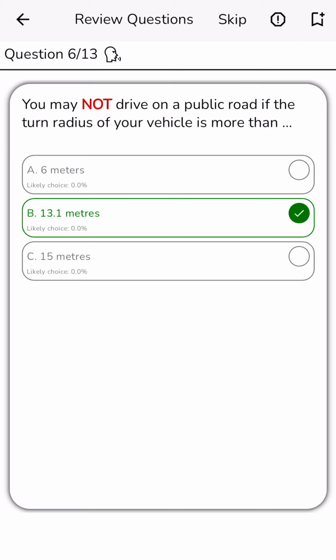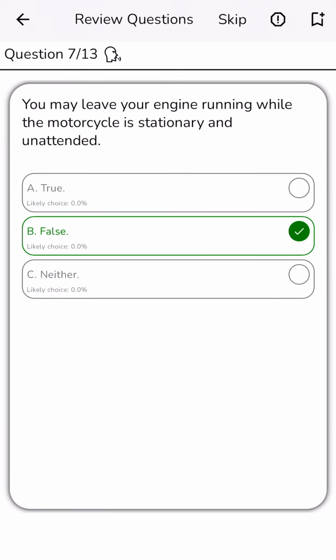Okay, you may not drive on a public road if the turn radius of your vehicle is more than C. This answer comes from the list of those rules. So it is very important that you go through all those rules so that for any question related to those rules, you'll be able to identify the relevant answer.